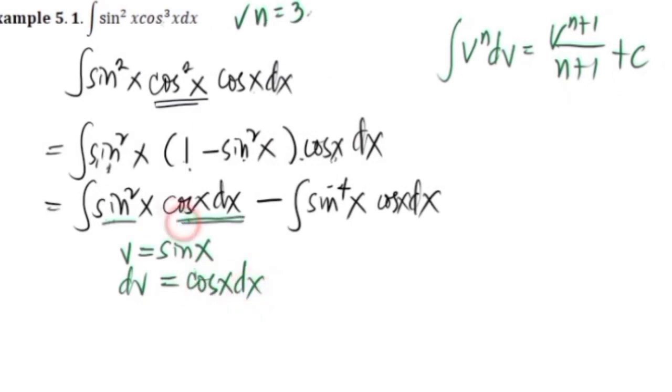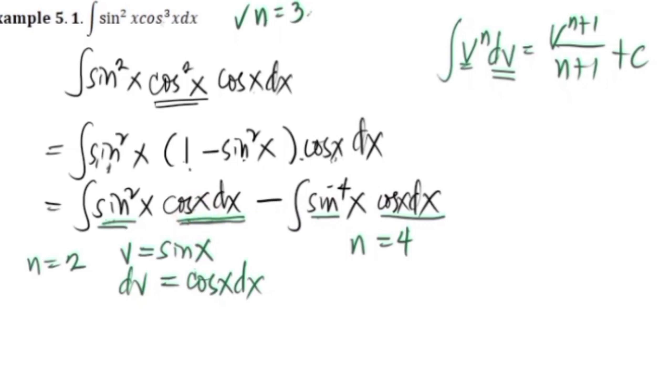So, ito yon. If this is your v and cosine x dx is your dv, now, in here, your n is equal to 2. So, dito naman, your n is equal to 4. And the same, this is your v and your dv is cosine x dx. So, we can now directly apply the power formula since katabi niya na yung derivative niya. That would be v to the n plus 1 over n plus 1. So, direct na lang natin.